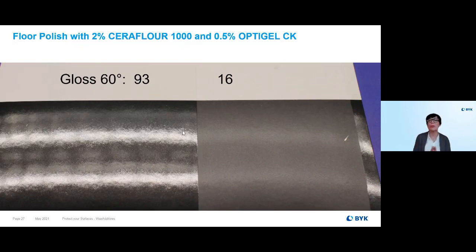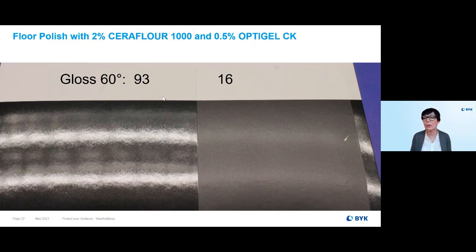And on the other hand, you have to get it stabilized. We talked about rheology yesterday. So here with about 0.5% Optigel CK, we were able to prevent settling. And what you could see here, from a high gloss system, 93 gloss units at 60 degrees, we can get a really smooth matte surface on a floor polish with a gloss of 60.